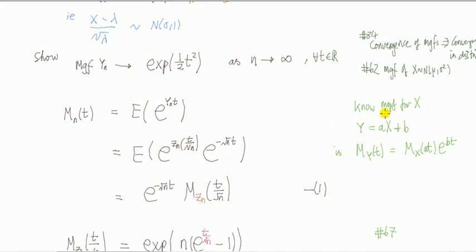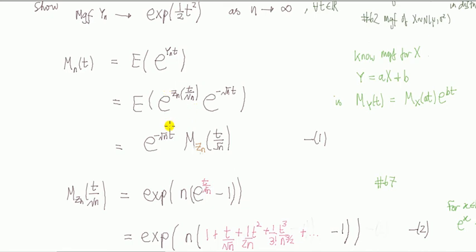Suppose we know the MGF for a random variable X, and we're interested in the MGF for a linear combination of X. Then this is the result, connecting the MGF of the transformed X, which we're calling Y, to the original MGF for X. So that takes us to this line here. Now, instead of the MGF for Yn, we'll look at the MGF of Zn. We know the MGF for Zn because we're told that Zn is Poisson.